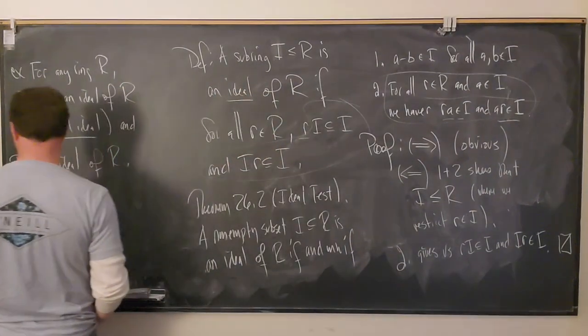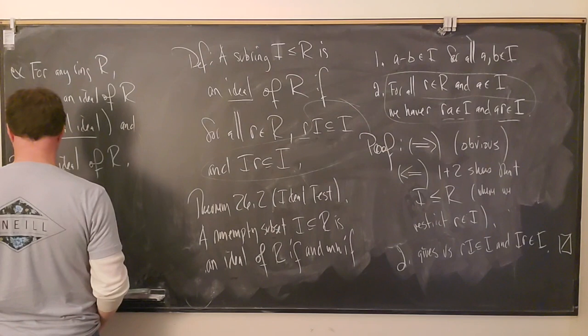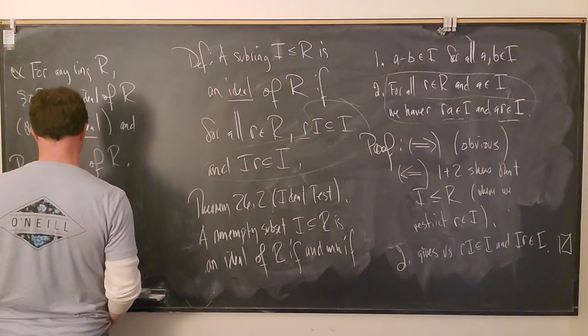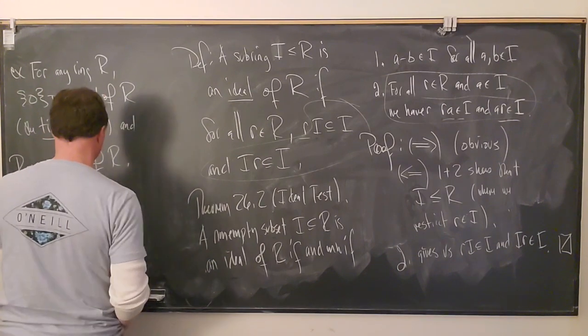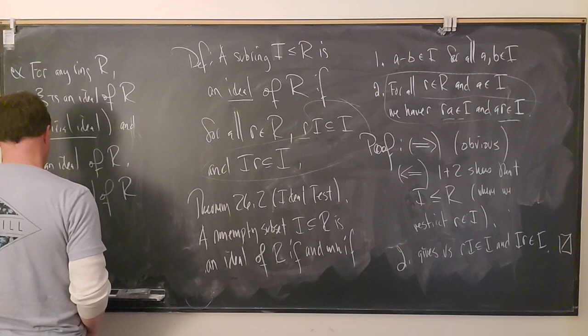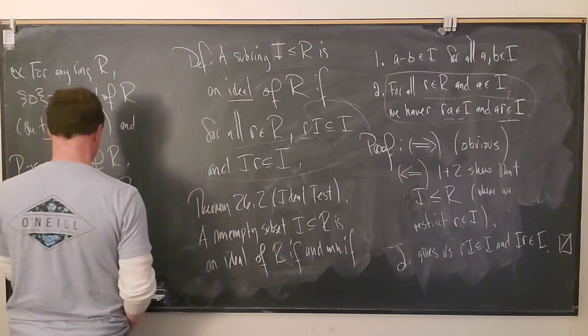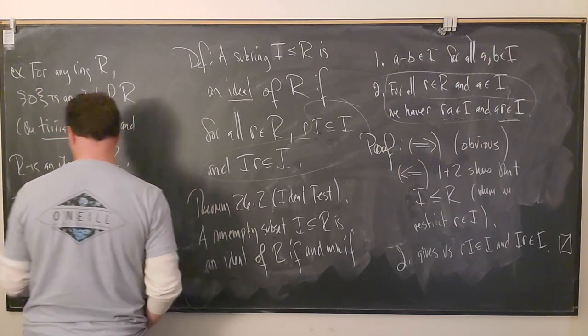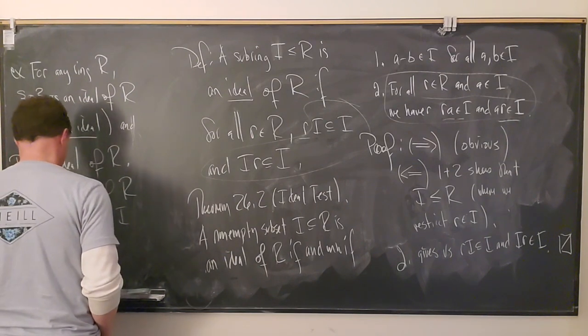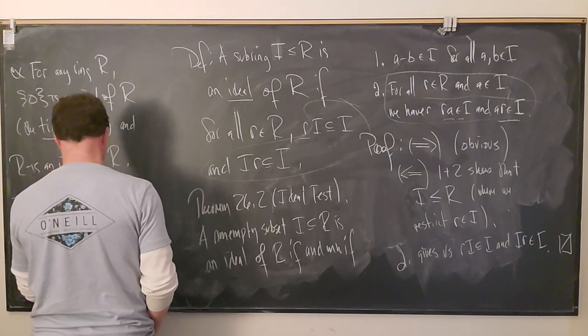So if I is an ideal of R and I is not equal to R, then I is a proper ideal of R.